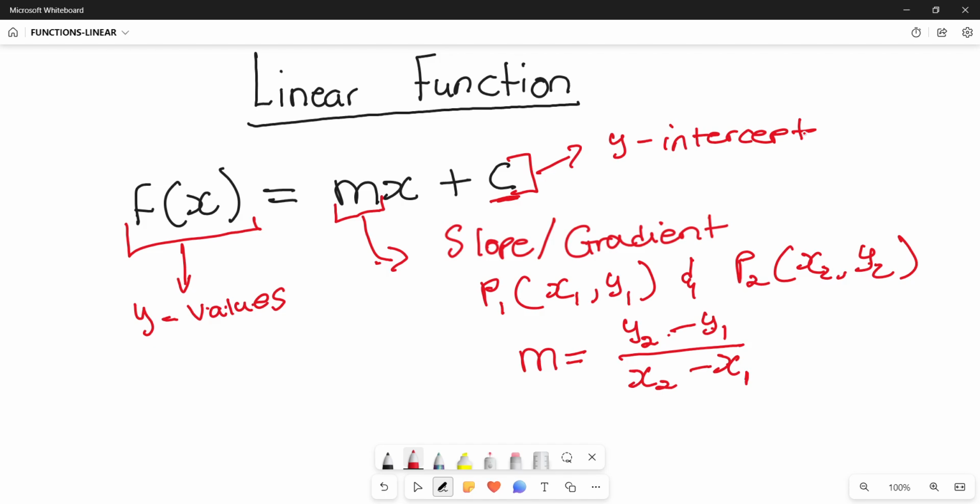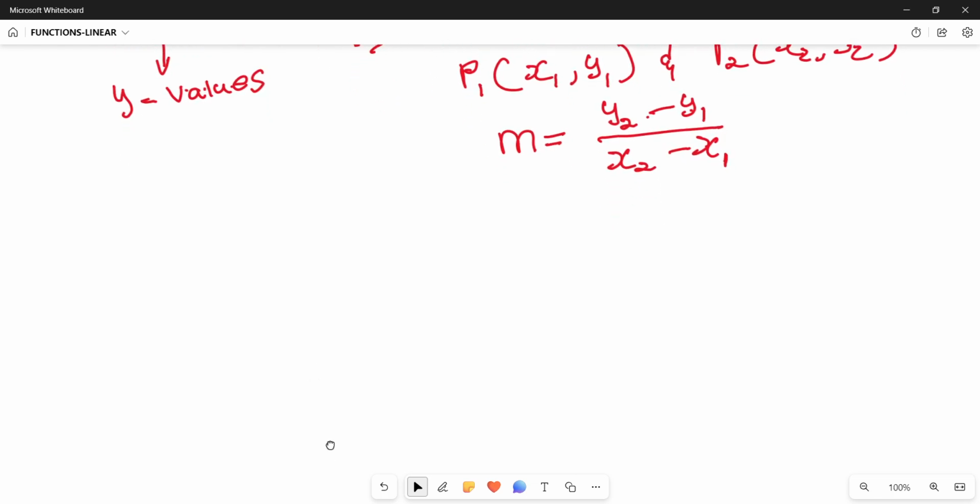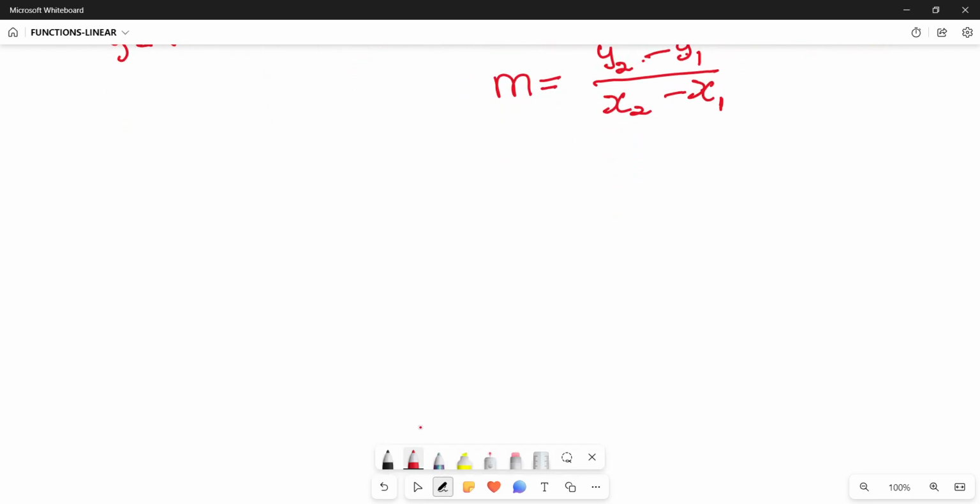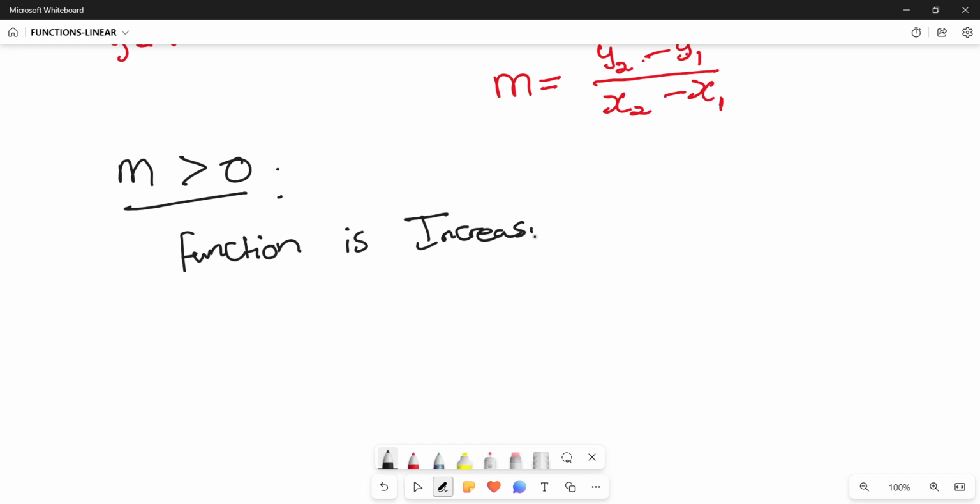In the previous video, I did show how our gradient affects our graph, or how our gradient determines our function. If our gradient is positive, then our function is an increasing function. How do we demonstrate that?